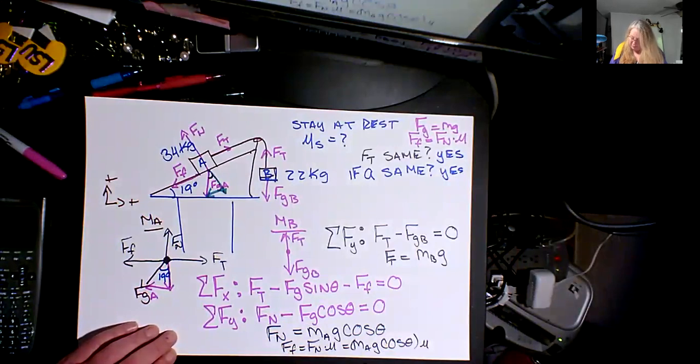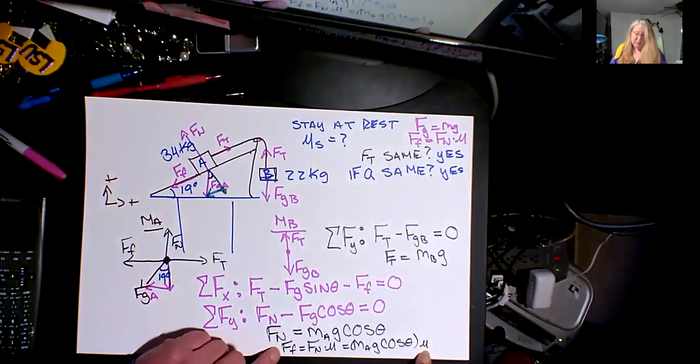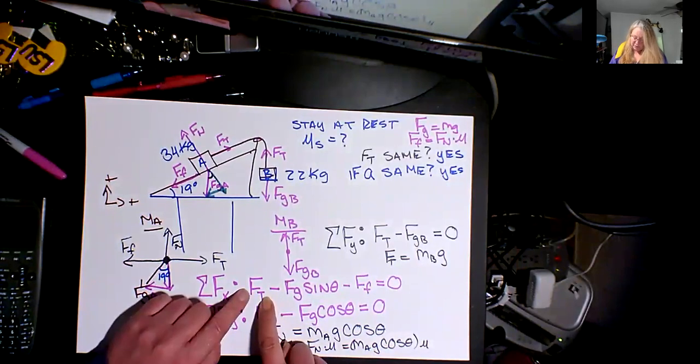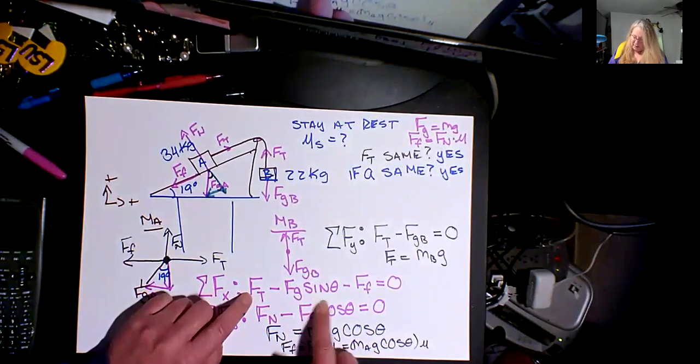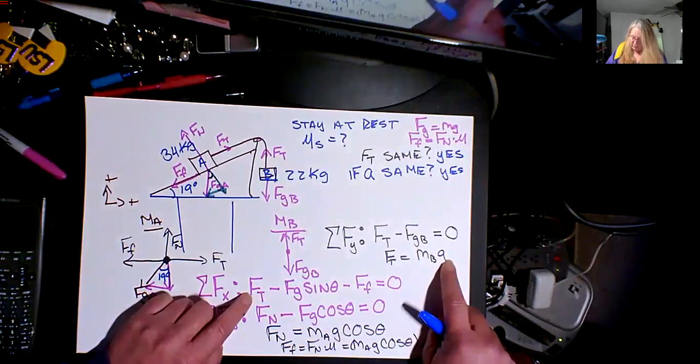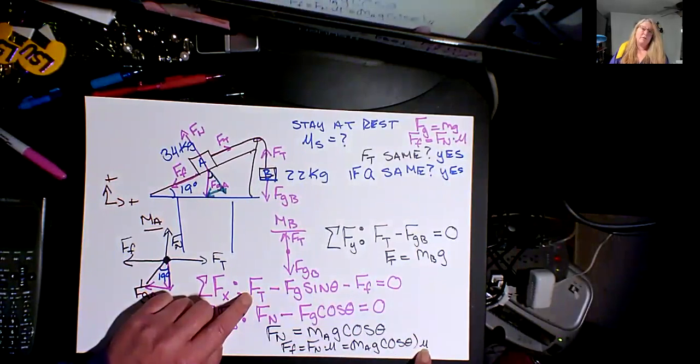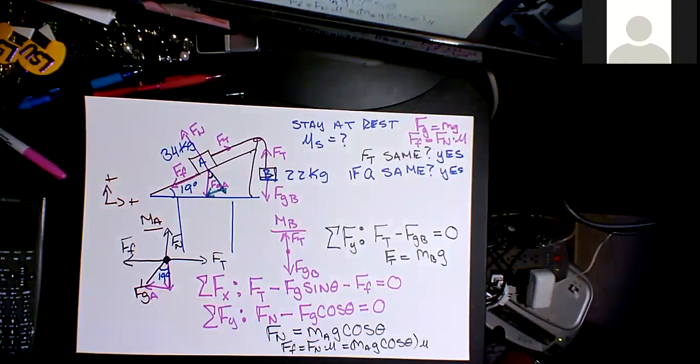The force of friction equals this, but without mu, I would have to know what this is. That means I have to solve for something. When I come up here, I'm like, okay, force of tension I can get from this one. That keys me in that I can use this equation to solve to get to that coefficient. Okay. Does that help? Yeah. You sure? Yeah. Okay.